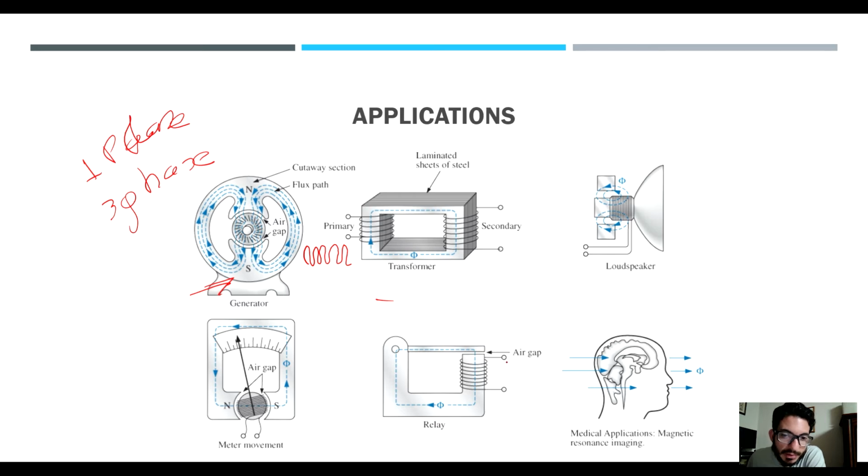Relays also have magnetic fields. And we'll see that whenever you have electric current, you can compute magnetic properties in a conducting element. Medical applications also use magnetic fields. So magnetic resonance, so MRI, for instance, is based on magnetic fields.